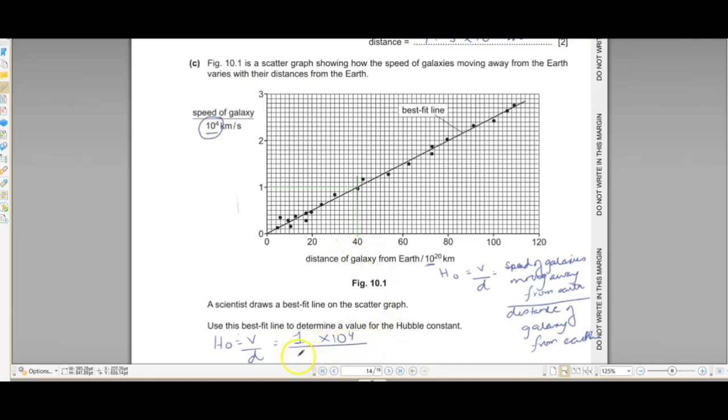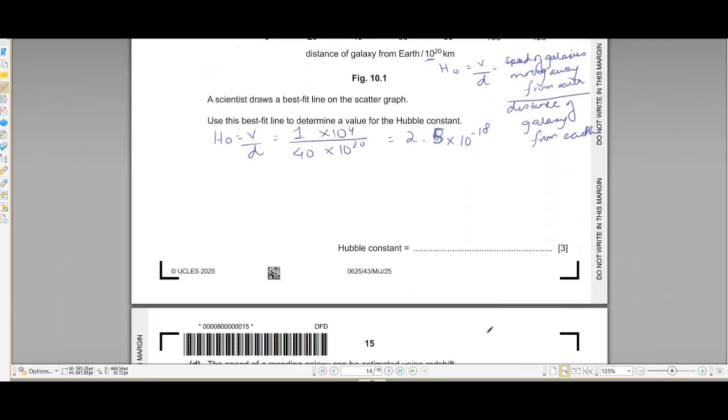So this is going to be 40 into 10 raised to the power 20. So this is going to give us an answer of 2.5 into 10 raised to the power minus 18. Okay, so that is how we calculate Hubble's constant.